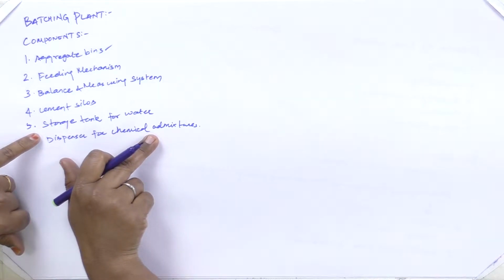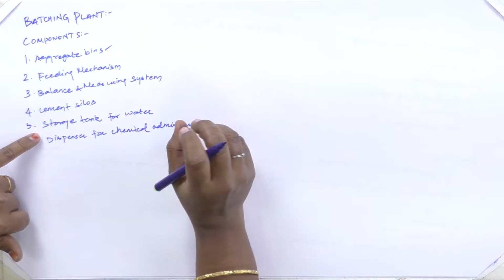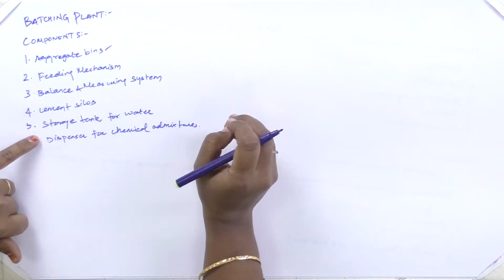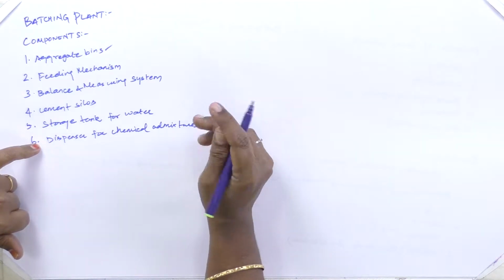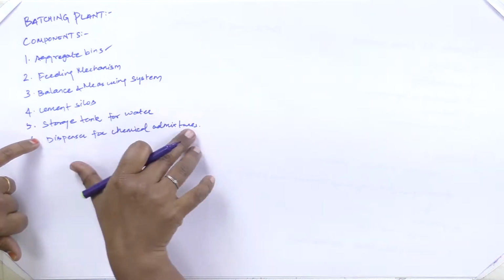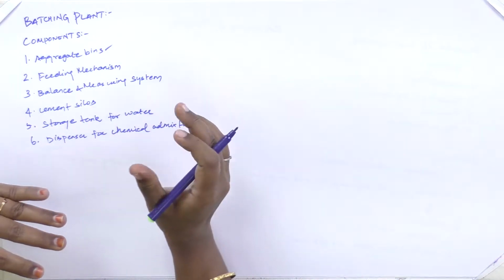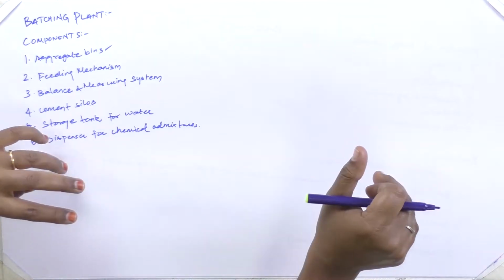Then the storage tank for water, from where the water can be taken during the mixing process, and a dispenser for chemical admixture. If chemical admixture is to be added to the concrete, then it has some system within it so that the required quantity of admixture can be added to the concrete during mixing.